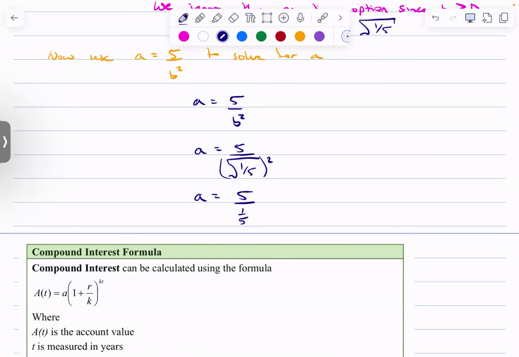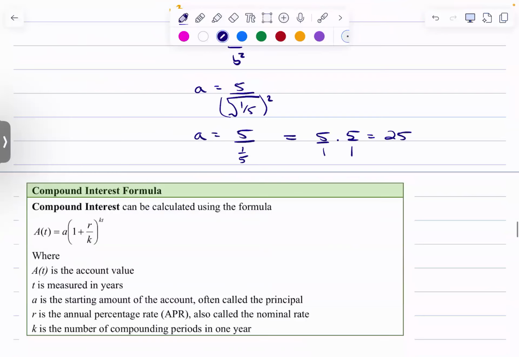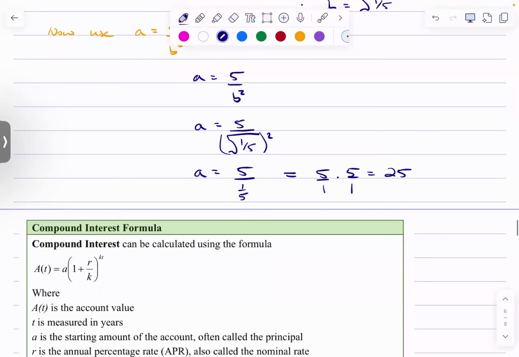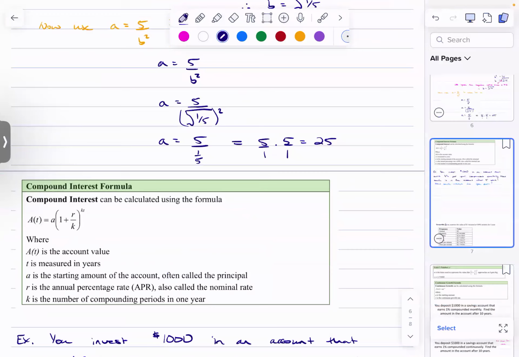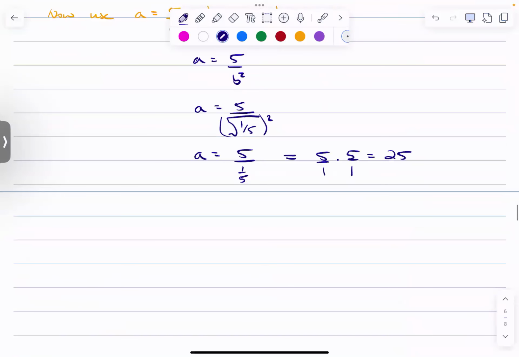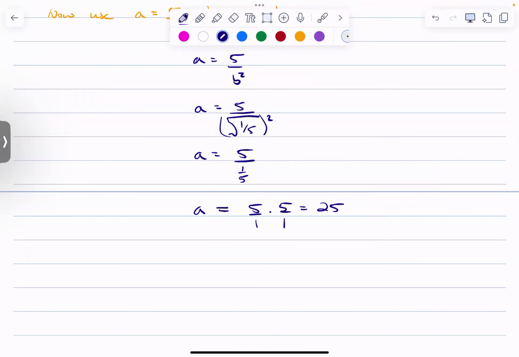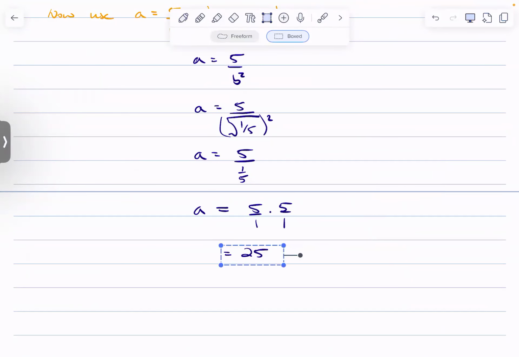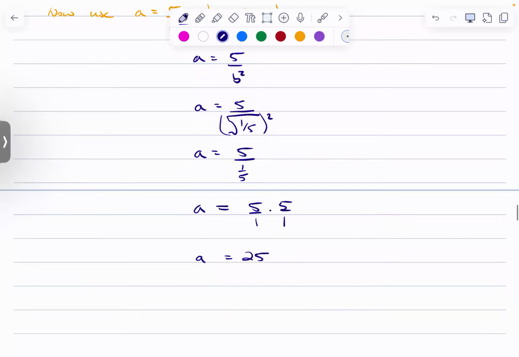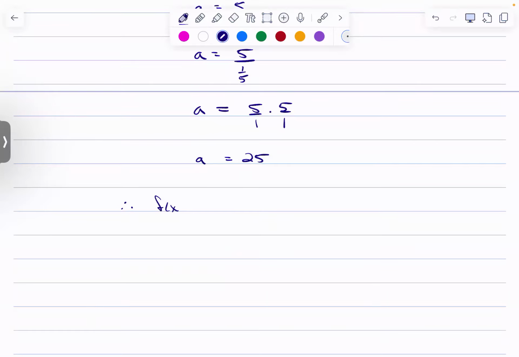So when I flip and multiply, and I'm gonna just write across because technically 5/1 times 5/1, I get 25. Okay, I'll add a page. So a is 25.